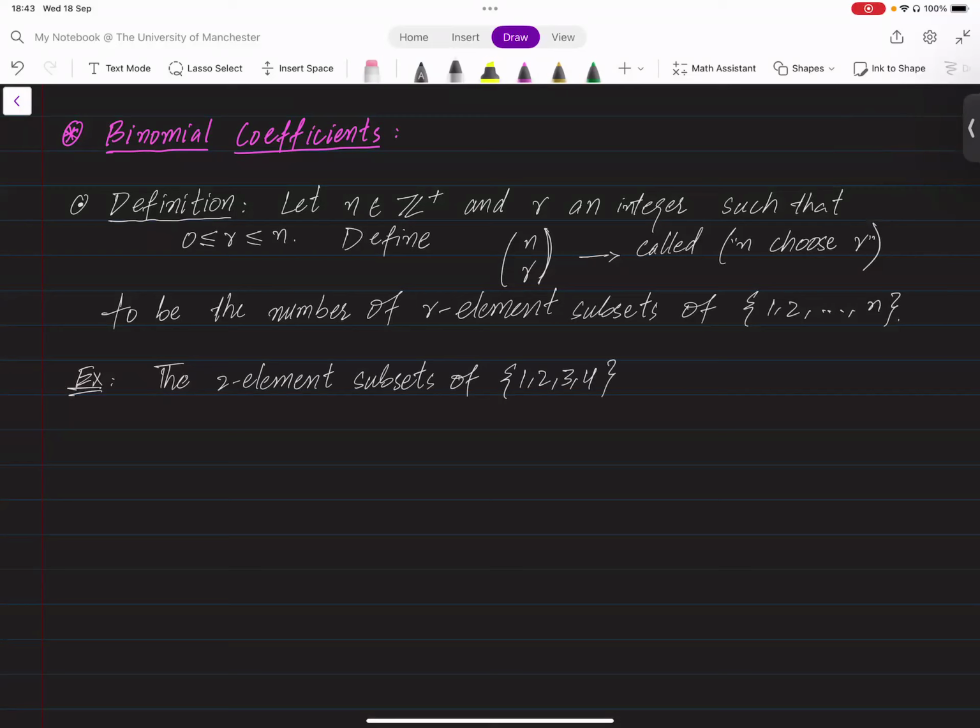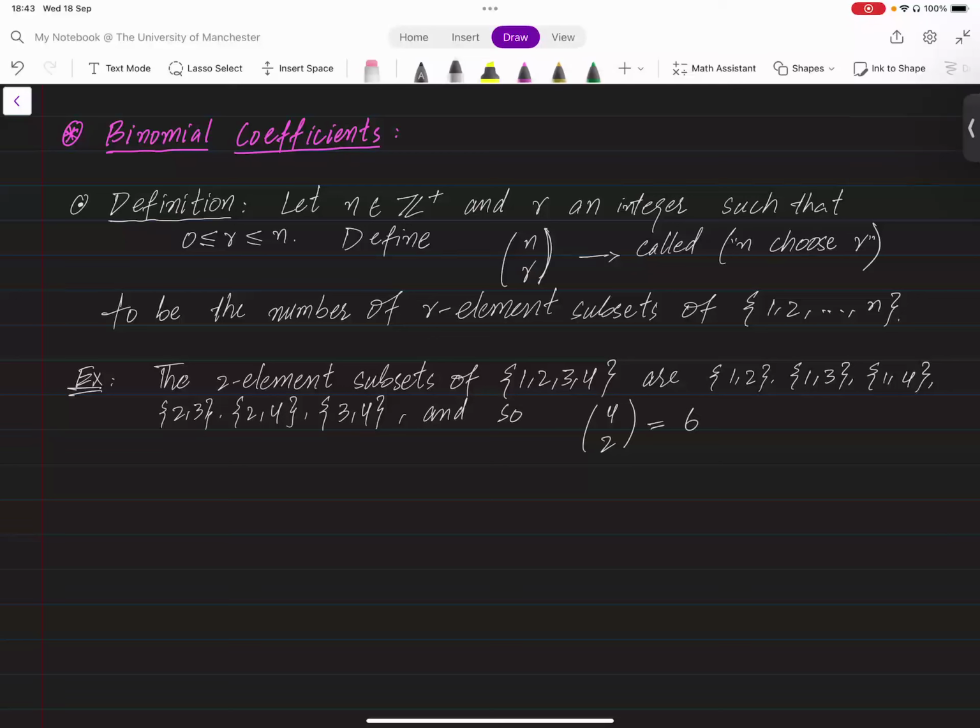The subsets of this set are {1, 2}, {1, 3}, {1, 4}, {2, 3}, {2, 4}, and {3, 4}. And so we can write 4 choose 2 is nothing but 6.